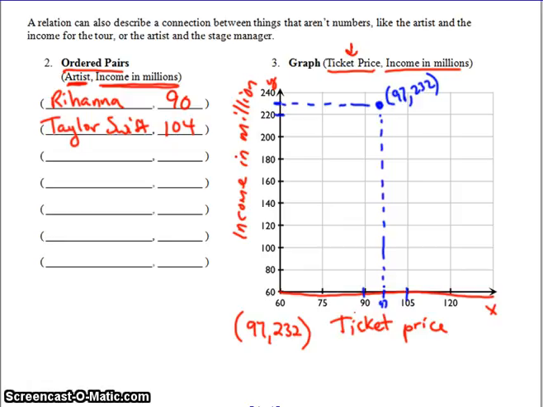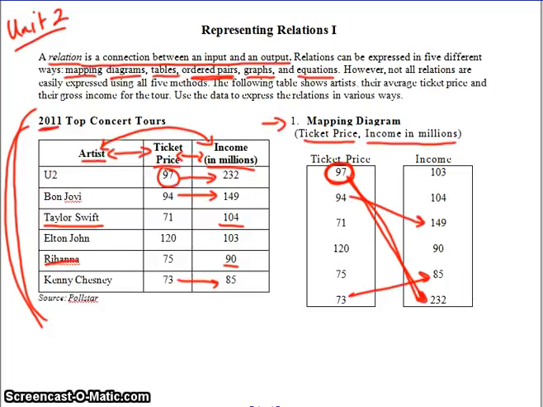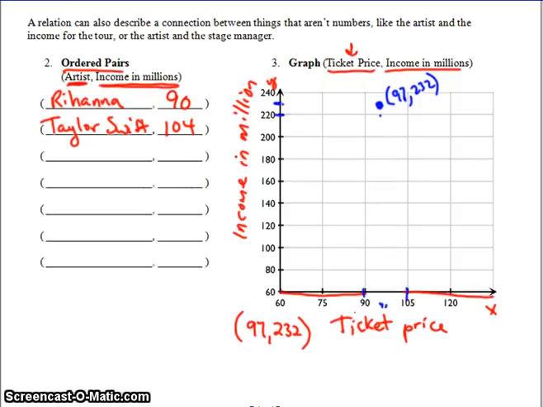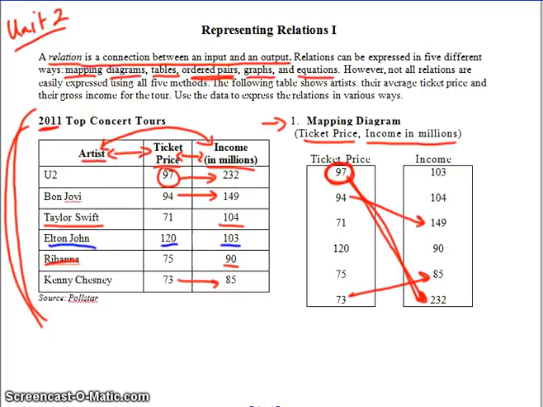What I'm going to do is erase this dotted line, so I just have my dot up there. Okay, let's do another one. Let's do Elton John here. His ticket price was $120, and he made $103 million. So 120, or did I get that backwards?